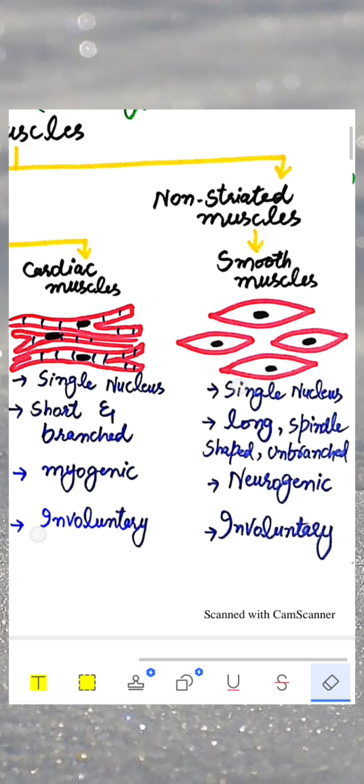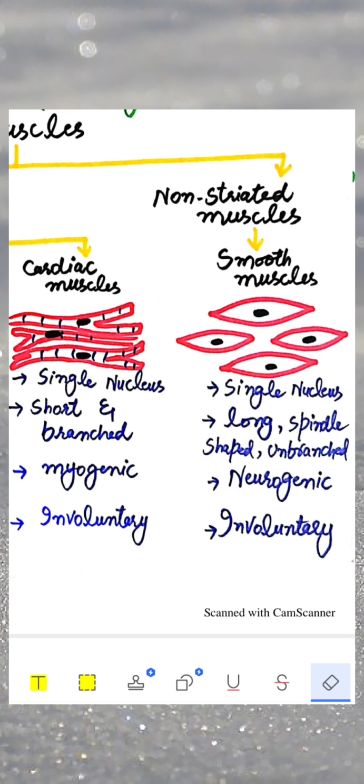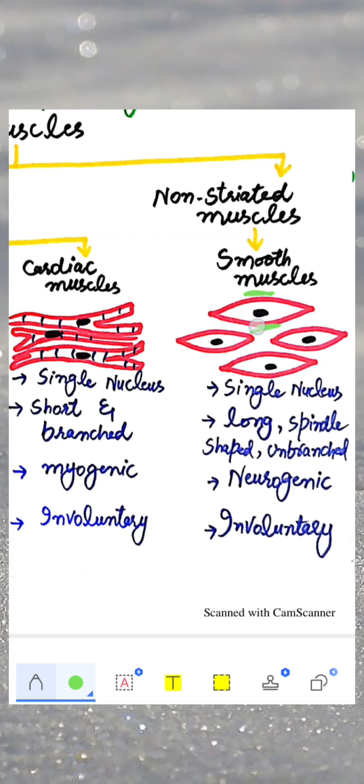Okay, now another category which is non-striated muscles, and the smooth muscles are the example of non-striated muscles. When we see the structure of the smooth muscles, a single nucleus is found in the cells. These are long and spindle in shape. Spindle shape has a thick middle region while its edges are thin.